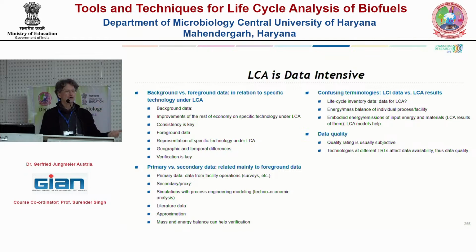Could be for Europe, could be for India, could be a specific process. So it's a kind of learning, and this is why this iterative process in LCA is so relevant. You end up with a first result and have to check what is a key contribution, and then go back and see if the key contribution is really appropriate.